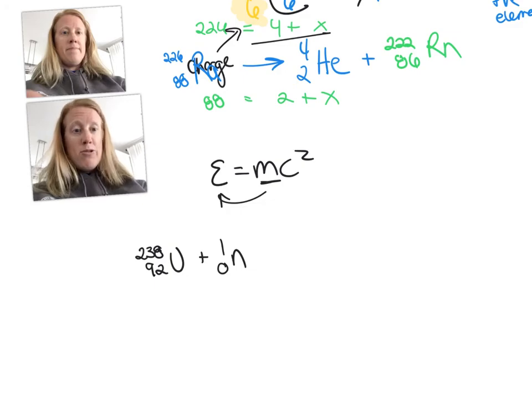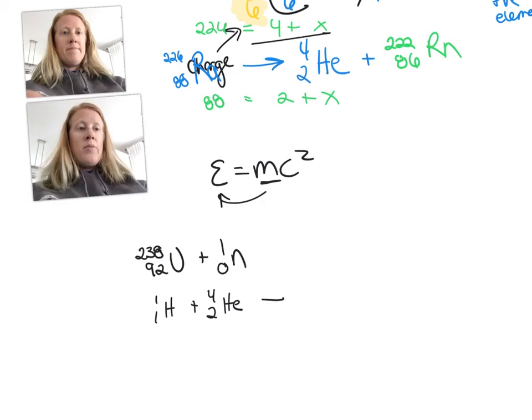The problem in fusion is that we take things like hydrogen nuclei and helium nuclei and we try to fuse them together. This is also artificial, right? Because I'm hitting it with something as opposed to just letting it sit there. But this has a positive 1 charge and this has a positive 2 charge, and those things are not going to come together very easily. It takes crazy high pressure and crazy high temperature in order to do that. That's why it happens on the sun, but we can't do it yet on Earth, okay?